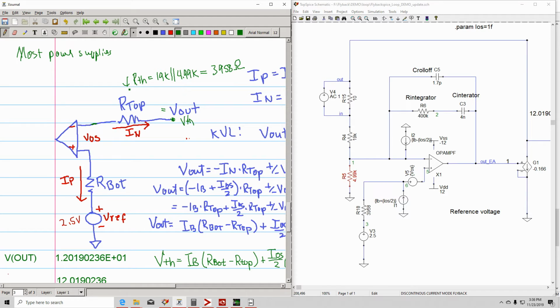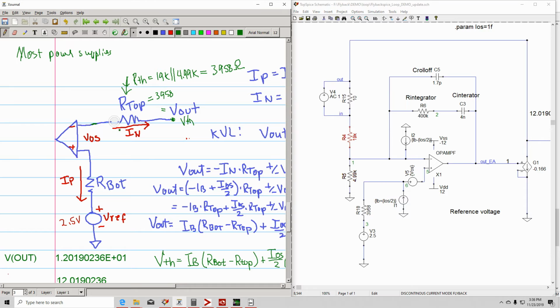For the time being, I'm going to rename this R Thevenin and just say R top. Remember, this R top is really equal to 3958, which is the parallel combination of the 19K and the 4.99K, these two resistors.